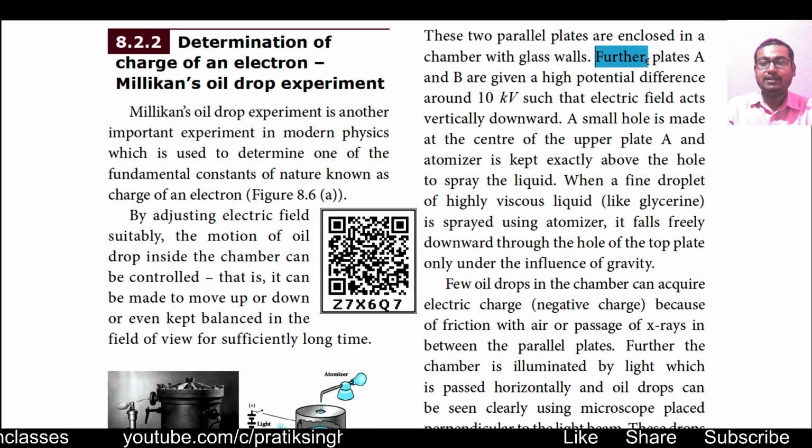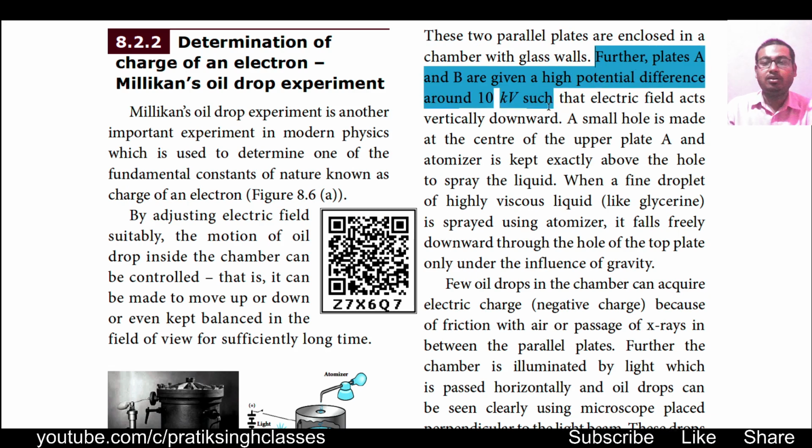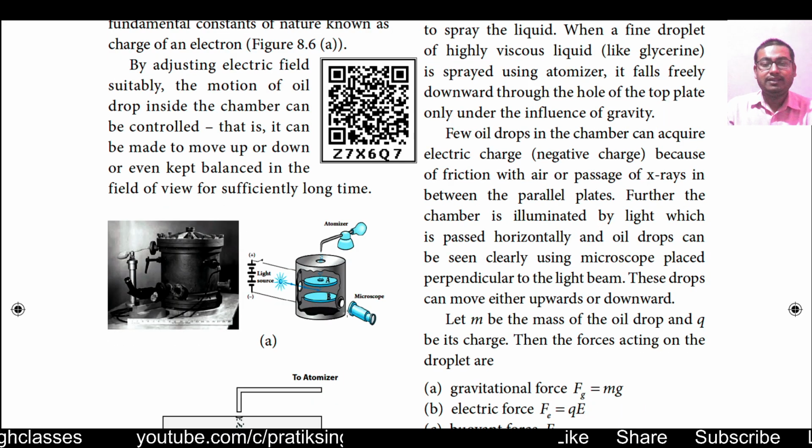Further, plates A and B are given a very high potential difference of the order of 10 into 10 to the power 3 volts, that is 10 kilovolts, such that the electric field acts vertically downward. As you can see here, the electric field is acting vertically downward.